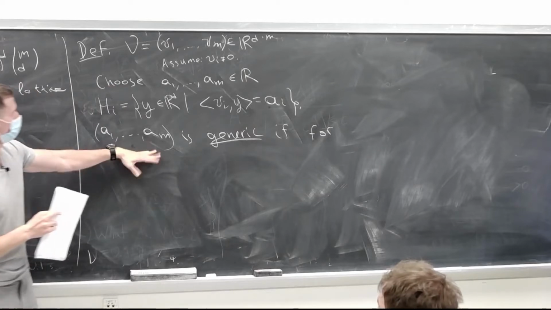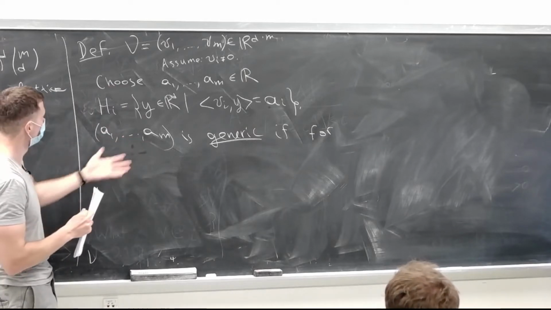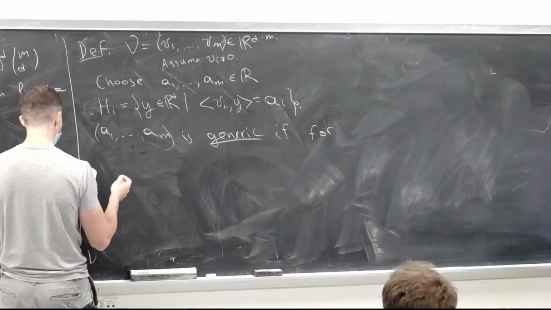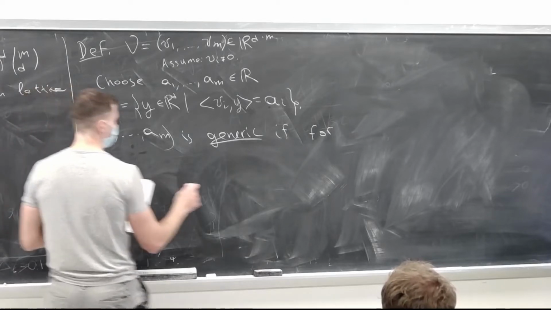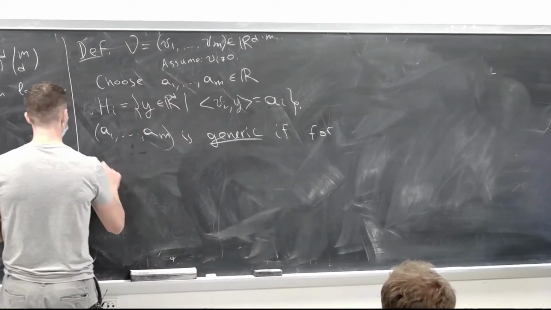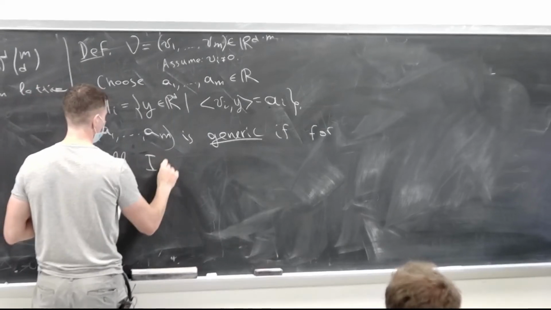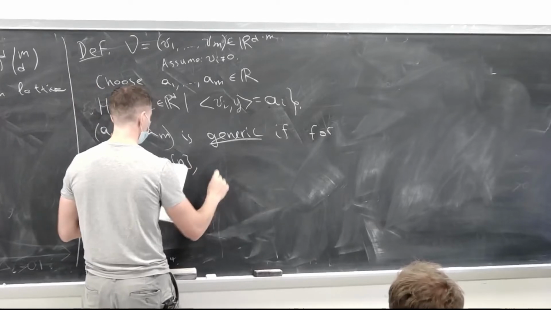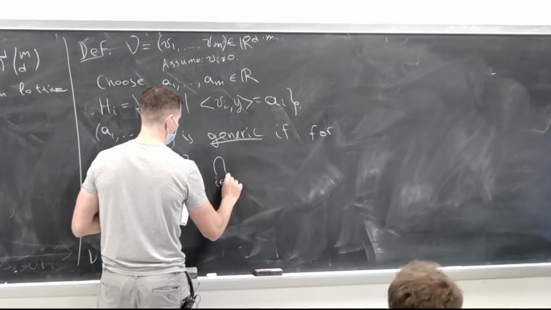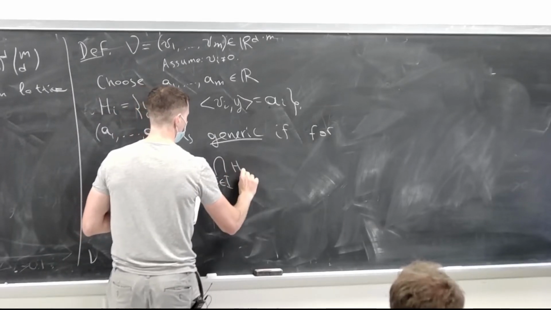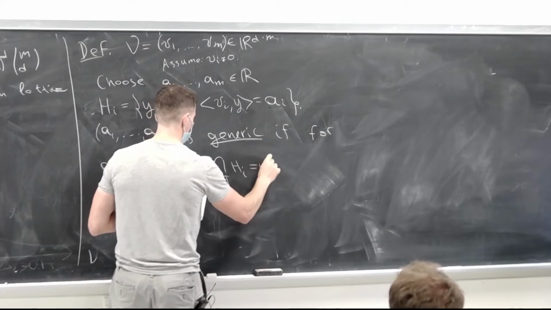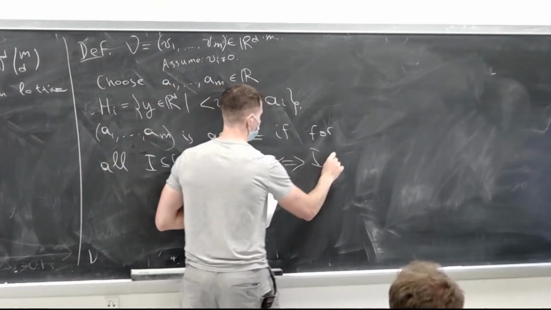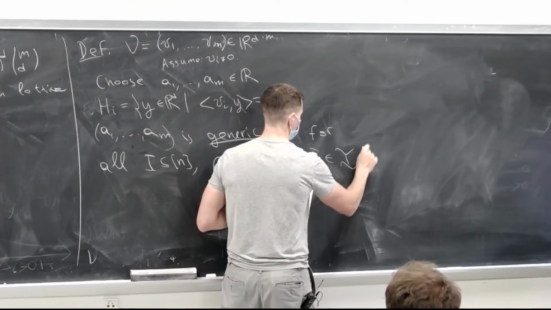So this collection of shifts is generic with respect to this given V configuration if and only if for any set I of hyperplanes, the corresponding intersection is non-empty if and only if I is an independent set.